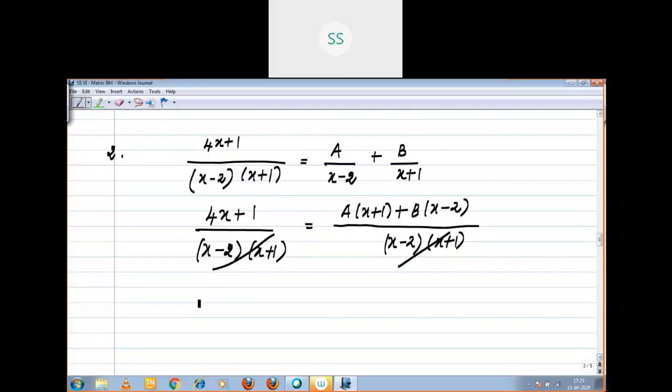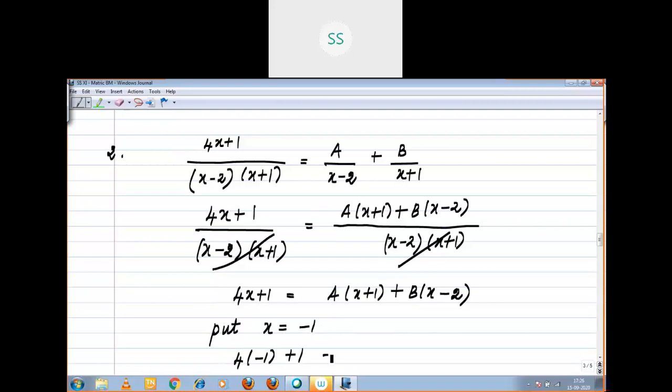Now, what should be the rest? 4x + 1 equals A into (x + 1) plus B into (x − 2). I want the values of A and B. So I am going to substitute x equal to −1. If I substitute x = −1, A vanishes.